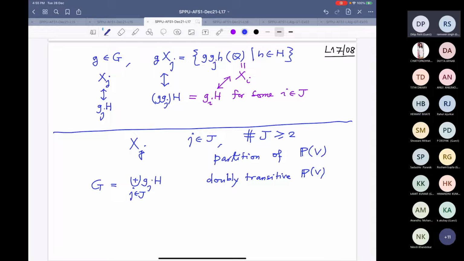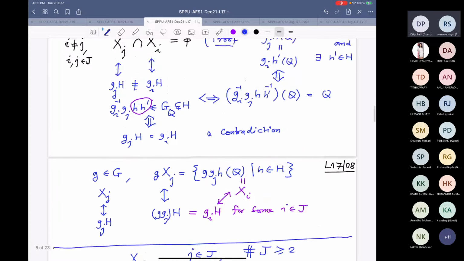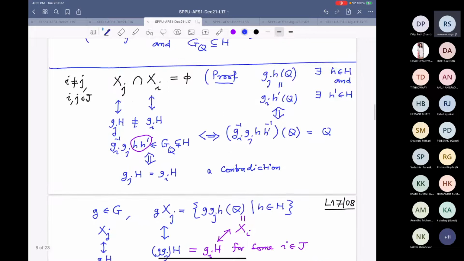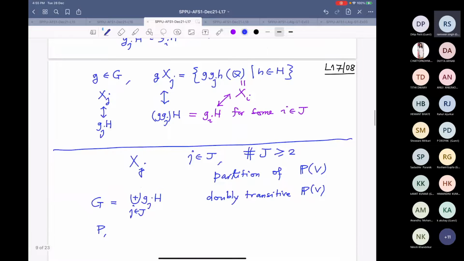But now suppose I take P and two points I will choose. See, the cardinalities of the xj's are at least 2. So if I choose P prime and Q prime appropriately, what can I choose? Can somebody tell me?